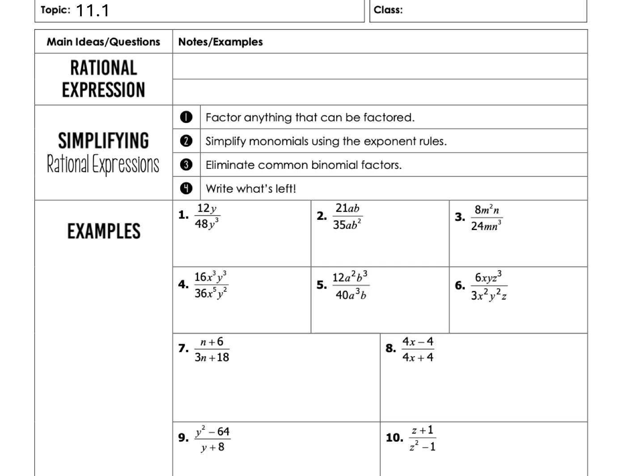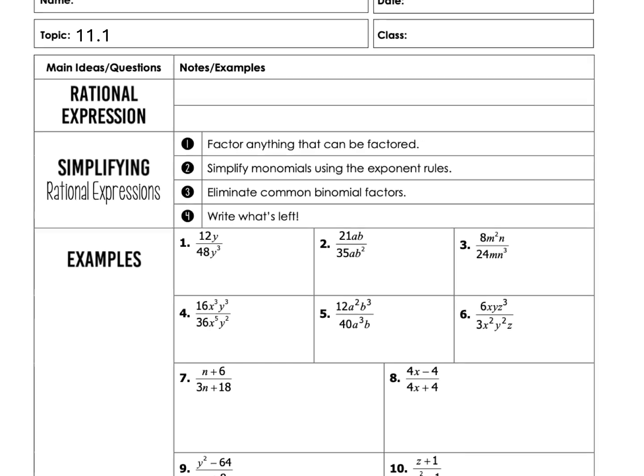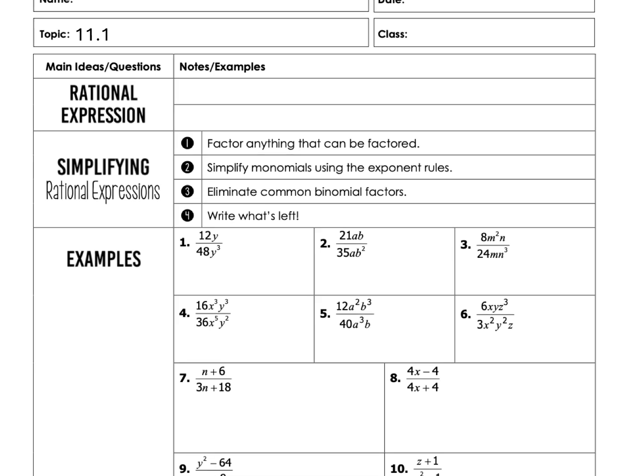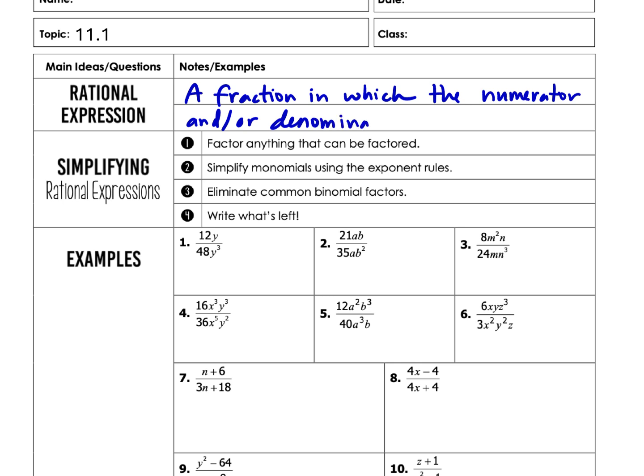So we are talking about rational expressions in 11.1. I'm going to tell you what it is first. It is a fraction in which the numerator and/or denominator are polynomials.